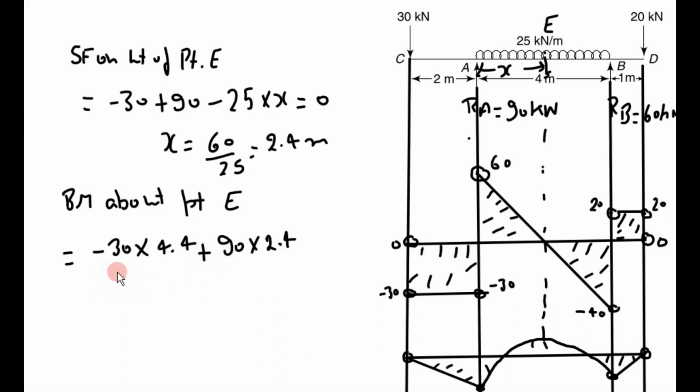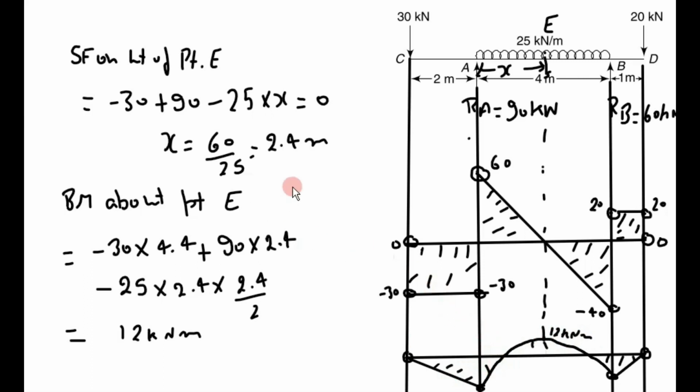Next load is UDL. UDL is 25 kilonewton per meter acting on x meter, and distance of its CG is half of total distance, and it tends to rotate the beam in anti-clockwise direction. So this value comes out as 12 kilonewton meter. So the value of maximum bending moment is 12 kilonewton meter.